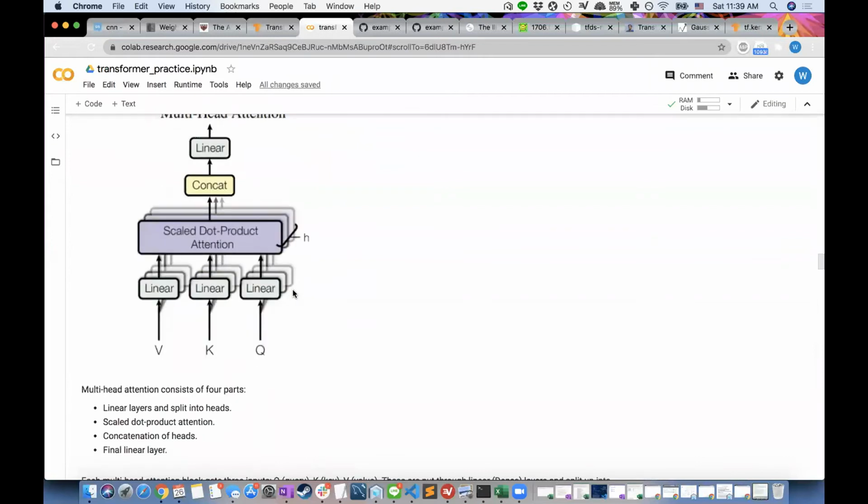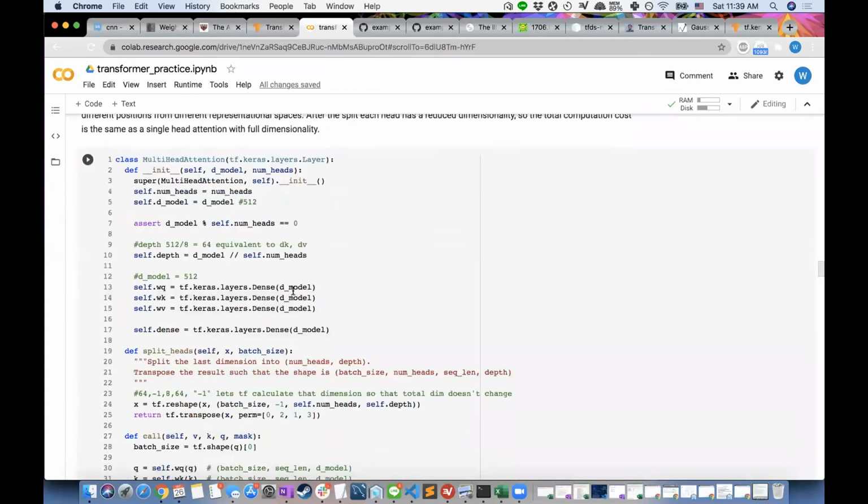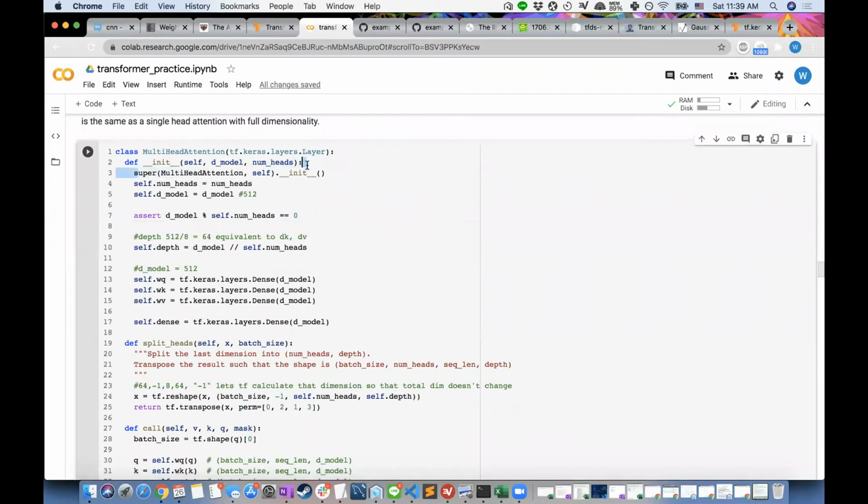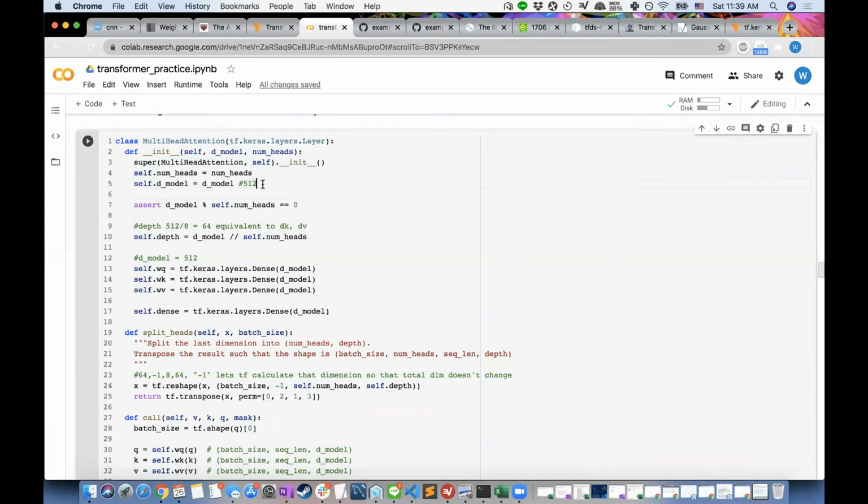Okay, so multi-head attention. We're initializing, we're inheriting from tf.keras.layers.Layer, and we're setting the number of heads equal to 8, dimension of model equal to 512, as we said. And you want to make sure 512 can be divided by your number of heads. You can't choose 10 heads with 512, right?